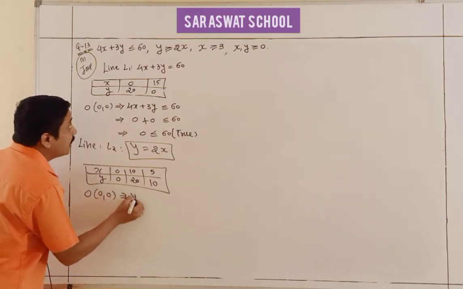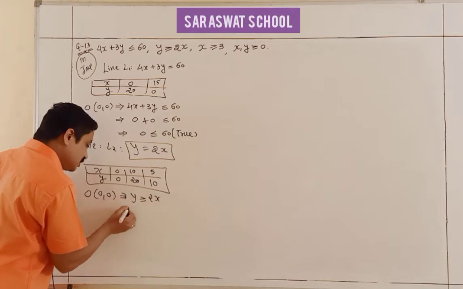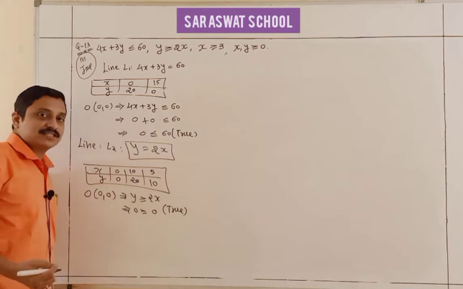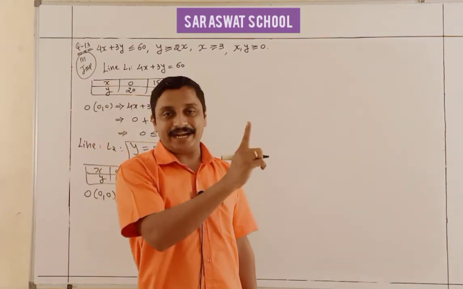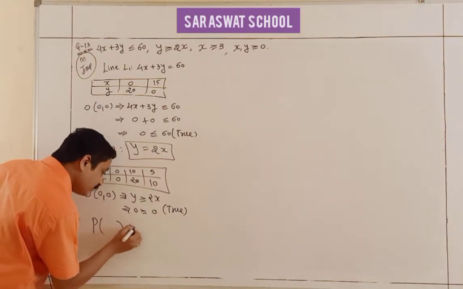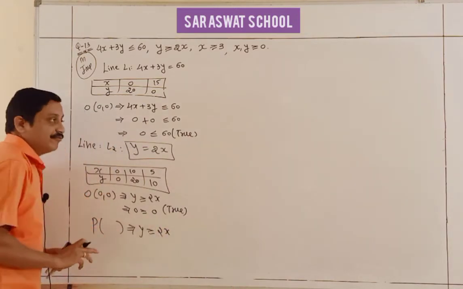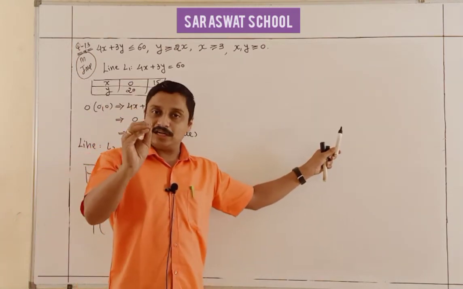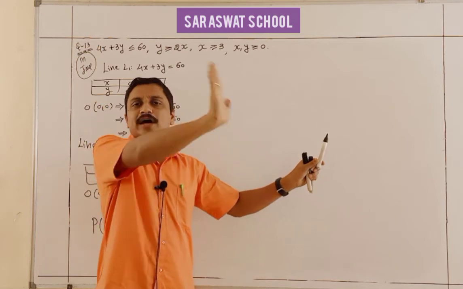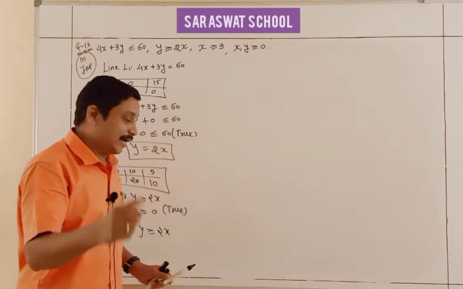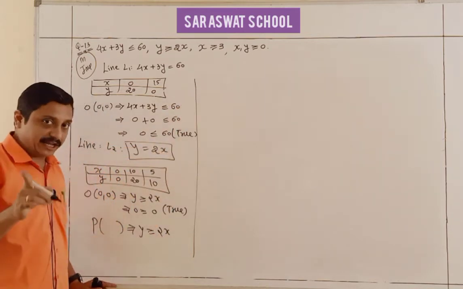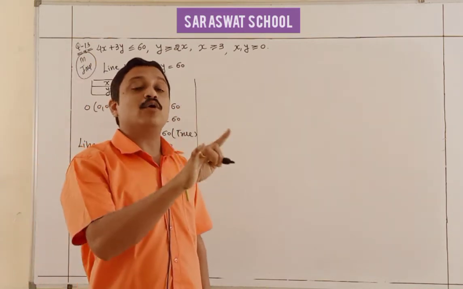So y greater than 2x, it is 0 greater than or equal to 0. It is true, no doubt, but we cannot judge exactly which side it shades. That's why I put another point P according to the graph. I just draw the graph and pick any one point from the lower half plane or the upper half plane, and then I check it. So this point P is pending because I plot on the graph first.